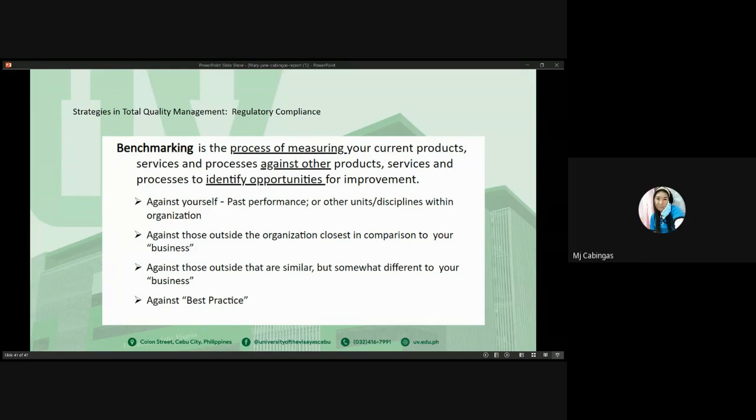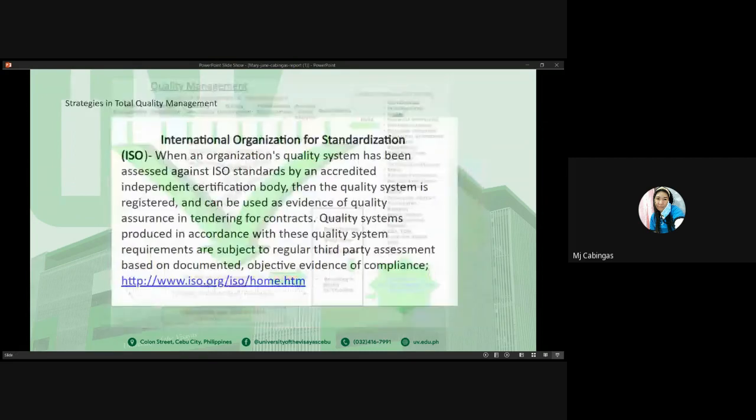Okay, Ma'am Giselle, I'll go straight to the International Organization for Standardization, ISO. I mentioned earlier that when an organization's quality system has been assessed against ISO standards by an accredited independent certification body, then the quality system is registered and can be used as evidence of quality assurance in tendering for contracts.